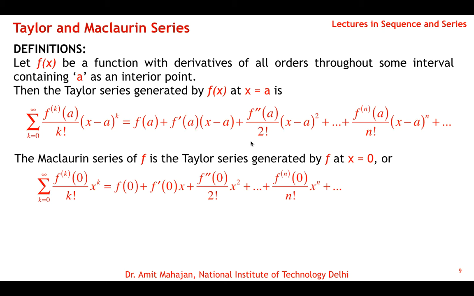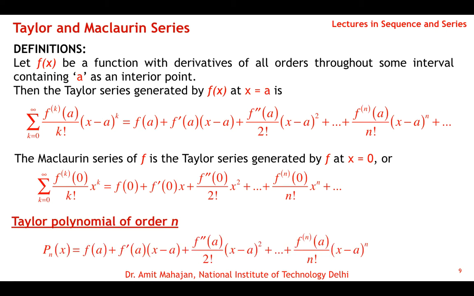And if we want to write the corresponding polynomial from this Taylor series, we can write the Taylor polynomial of order n, and we write it as P_n(x). It is nothing but the truncated part of this series. So if we want to write the polynomial for order n, that means up to the nth derivative, all the terms of this infinite series.